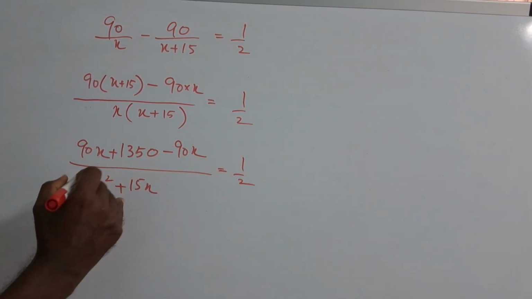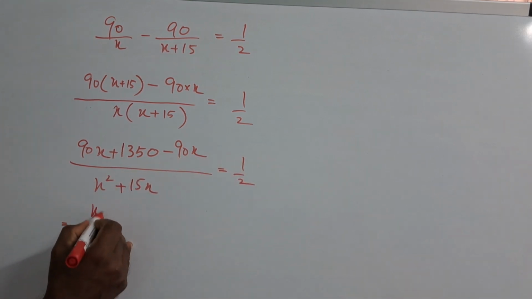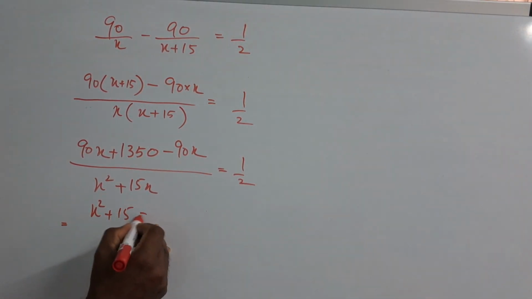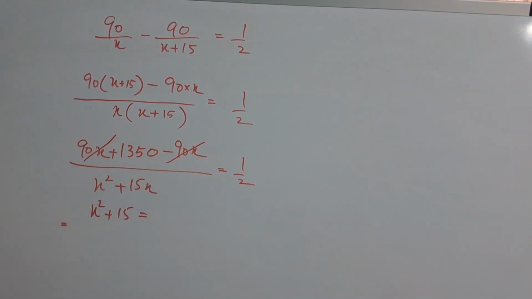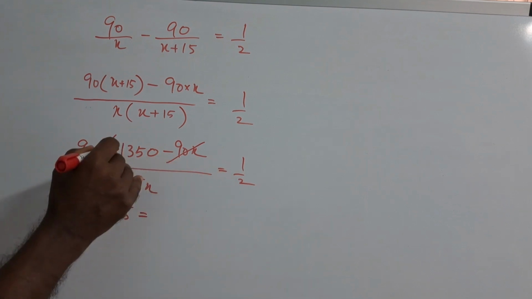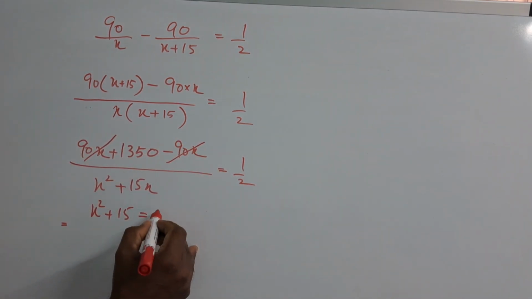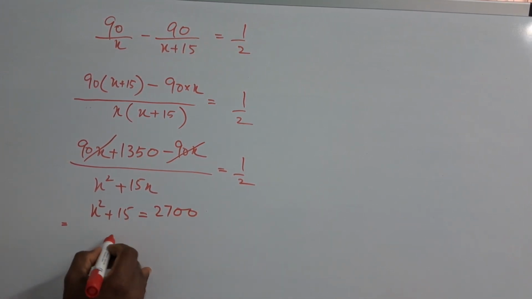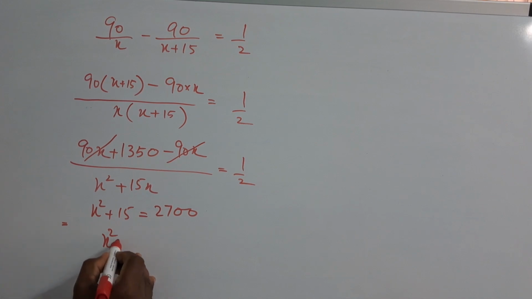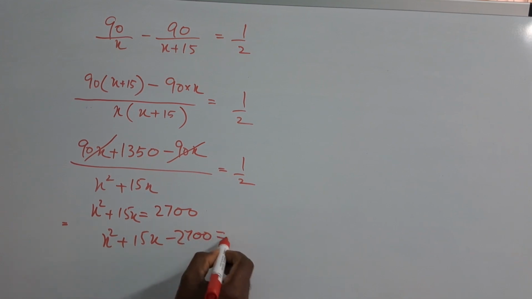By cross multiplication, 1 into x square plus 15x is equal to 2 into 1350, which is 2700. Now forming the quadratic equation, x square plus 15x minus 2700 is equal to 0.